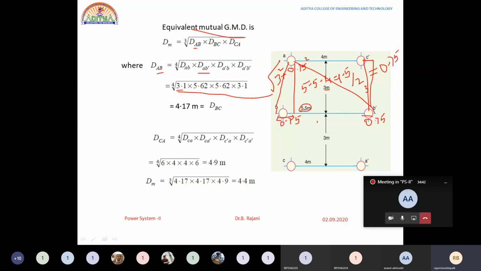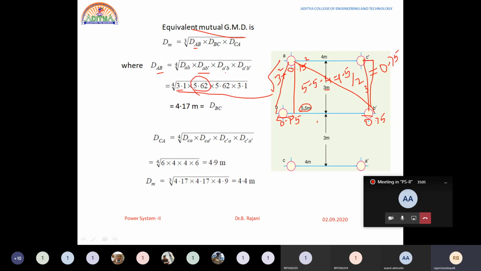This total length from B to B dash is 5.5, which is extra to that of 4 meters length, 0.75 extra. So 4 plus 0.75. So under root of 4.75 whole square plus 3 square gives you the value 5.62.